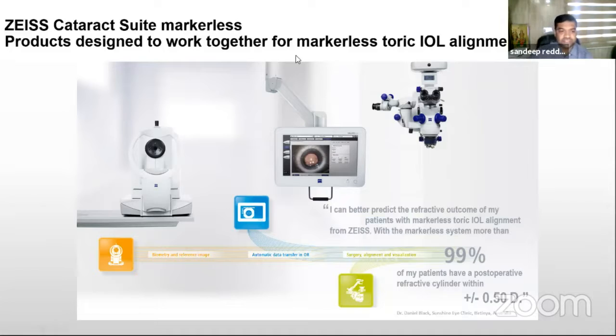The IOL Master 700, the Callisto and the Lumera family of microscopes can together be integrated into a single system called the Zeiss cataract suite, so that the data from the IOL Master 700 can be easily transferred to your microscope on the surgical table.